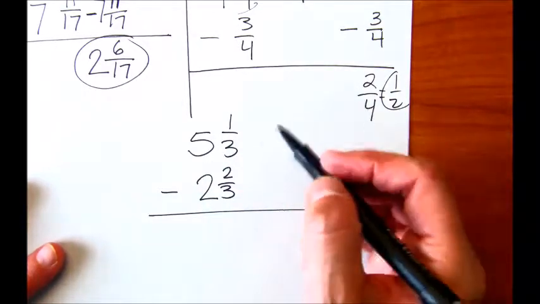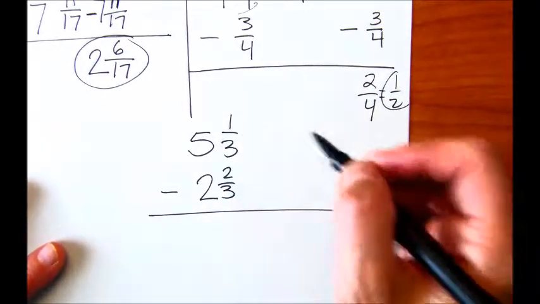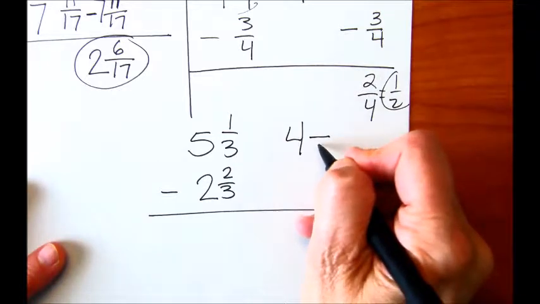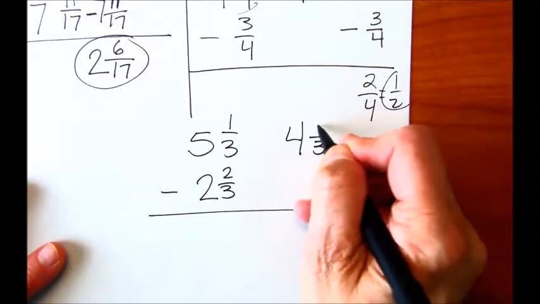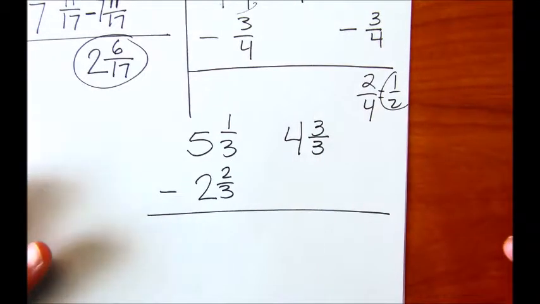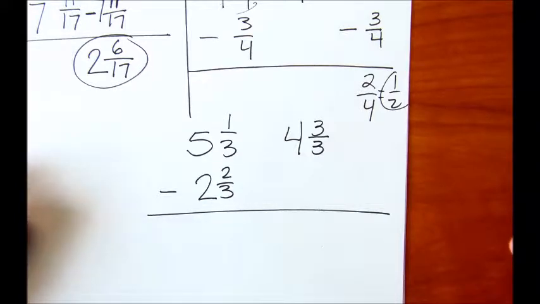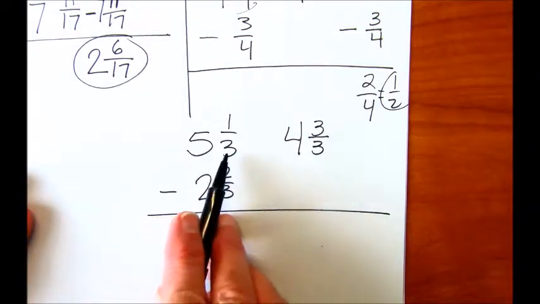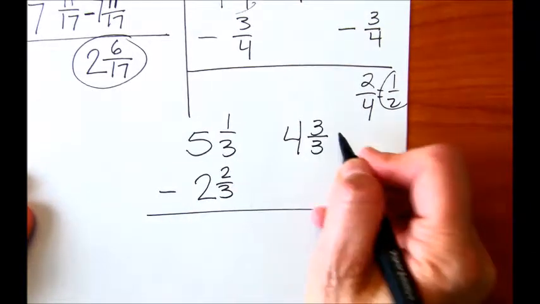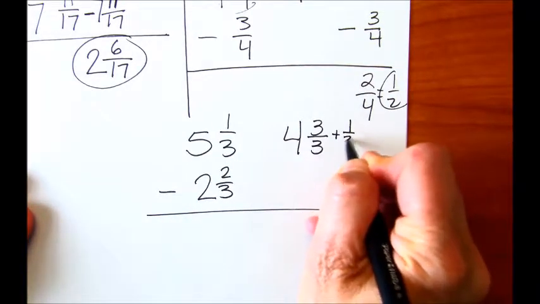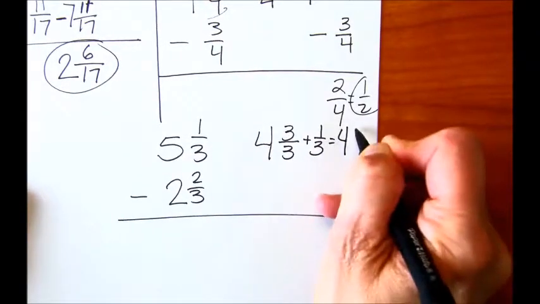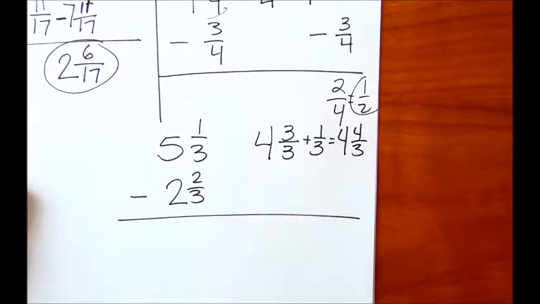So I'm going to take 1 away from that 5 and rewrite it as 4. And because I'm working in thirds, I want to write 3/3. So 4 3/3 is going to be the same as that 5. But notice I still need to include the 1/3 in there. So I'm going to add 1/3. And that's going to give me 4 4/3.